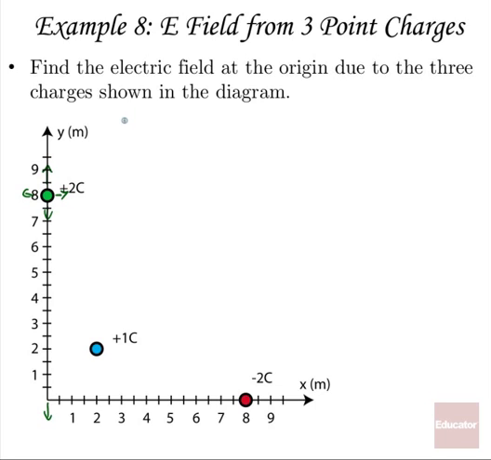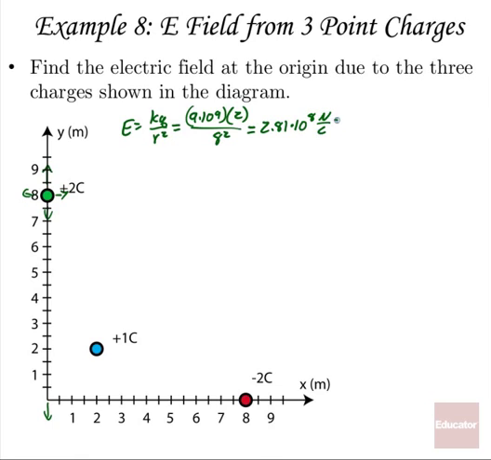Now the electric field strength is kq over r squared, where K is 9 times 10 to the ninth, our Q is 2 coulombs, and the distance from the origin to our charge is 8 meters. So that's going to be over 8 squared, or 2.81 times 10 to the 8th newtons per coulomb down.